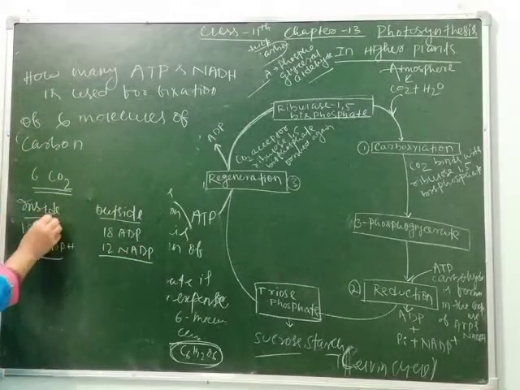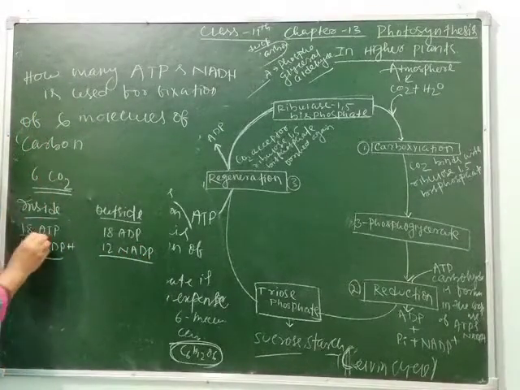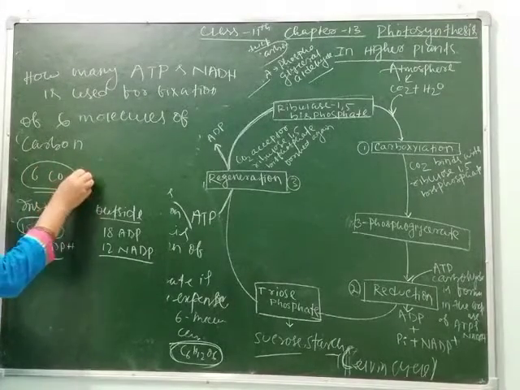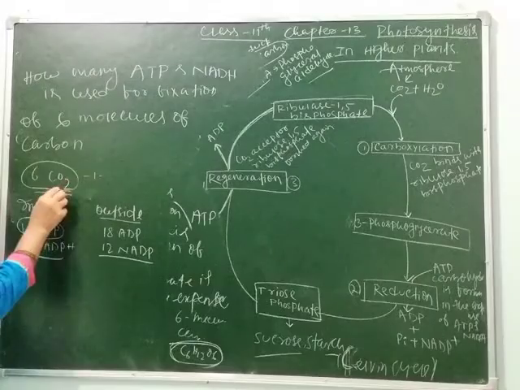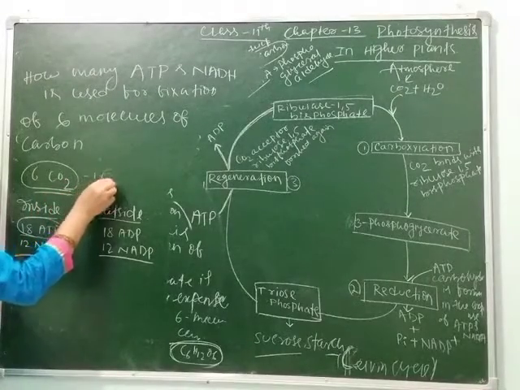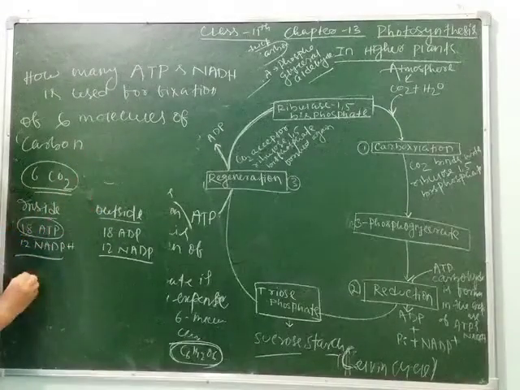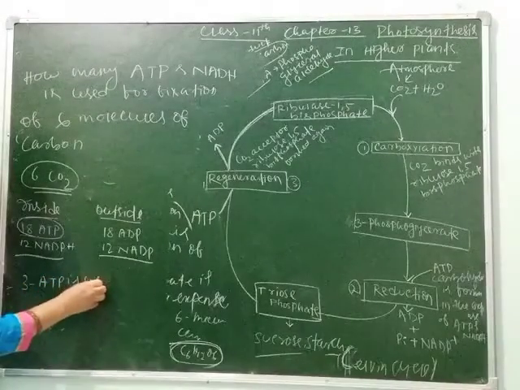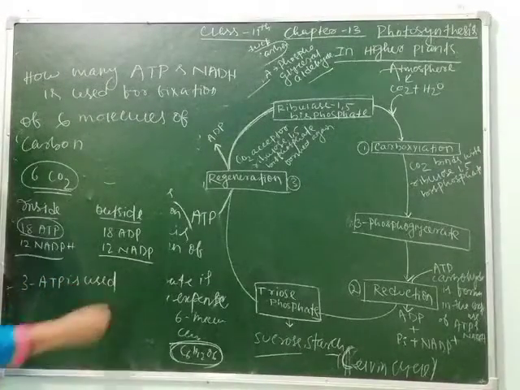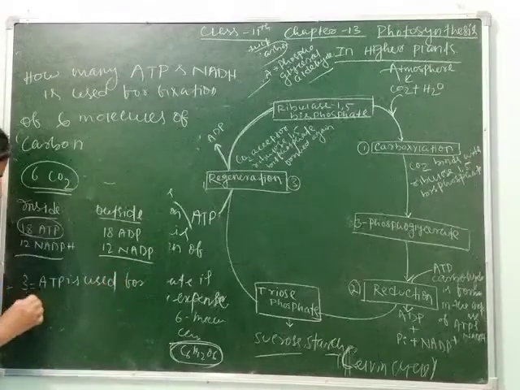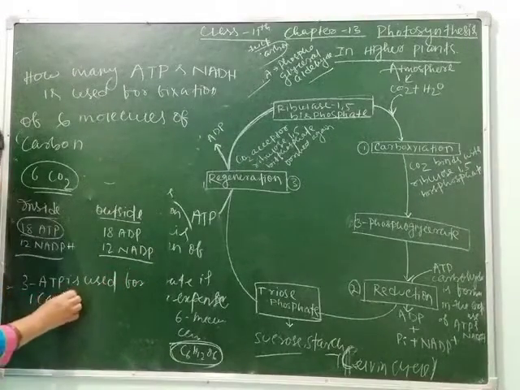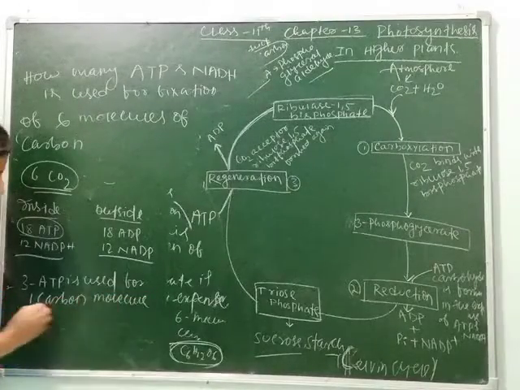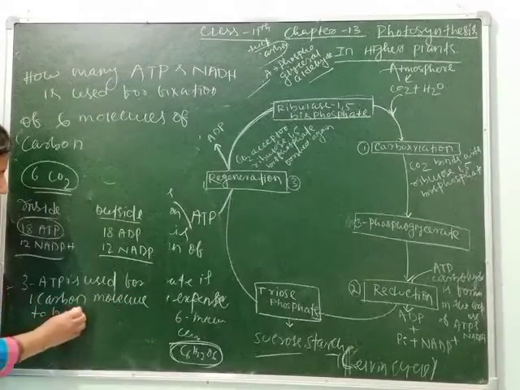So let's see how many ATP. If 18 ATP is used for fixation of 6, then for one we can divide, we will get 3. It means 3 ATP is used for one carbon molecule to be fixed.